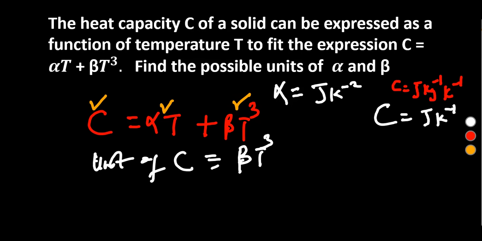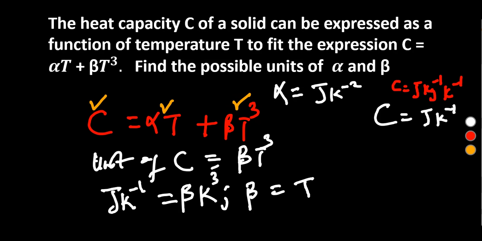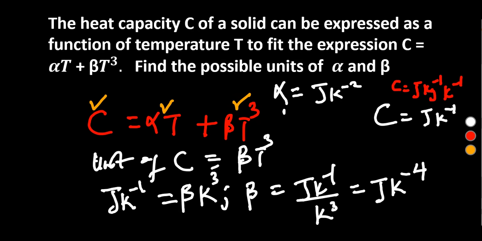So if that is the case, the unit of C we have gotten to be joule per Kelvin, we say is equal to, this is beta, temperature to the power of 3, the unit of temperature is Kelvin, this is power of 3. So that beta will be joule per Kelvin, this is K to the power of 3. Once this goes up, we have this as joule K to the power of -4. So quickly now we see that beta is joule K to the power of -4.